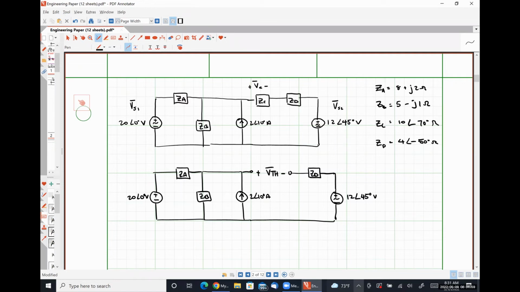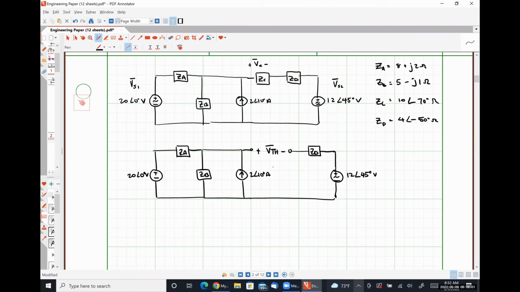So that begs the question, how do we find the voltage drop associated with the left-hand side of the circuit? There are a couple of different ways we could do this.